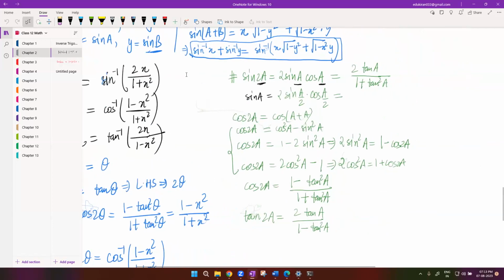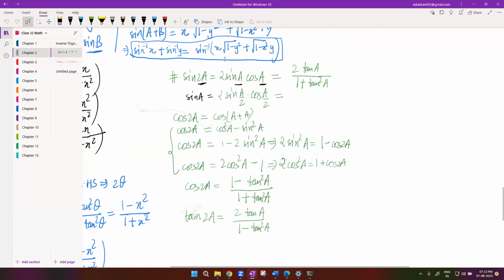Yeah, sine 2a can be written as 2 sine a cos a, and also 2 tan a upon 1 plus tan square a. Right? Now we need to understand how to apply these formulae. So cos 2a, I have also told you to remember the formula for cos 2a and tan 2a. So these are important formulae because now you will see the application of these formulae in these kinds of questions.